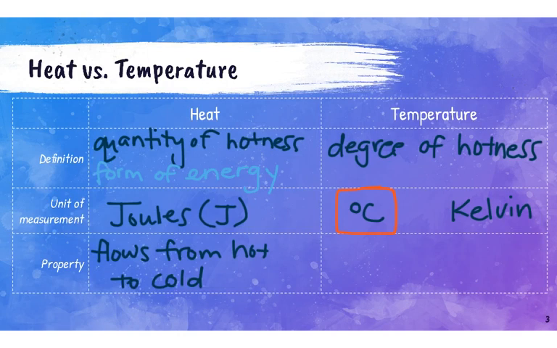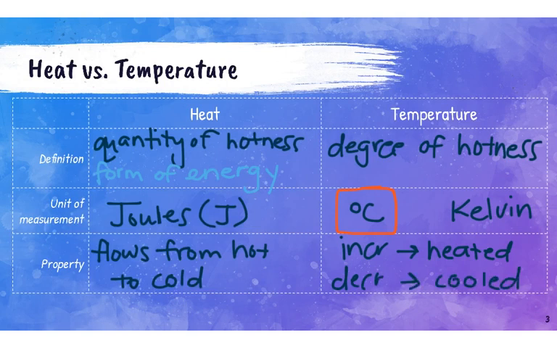A hot cup of tea that you leave out, that heat is going to flow out of that system to the counter, to the surroundings. So it always goes hot to cold. And temperature is going to increase when it's heated, and then will decrease when it is cooled.